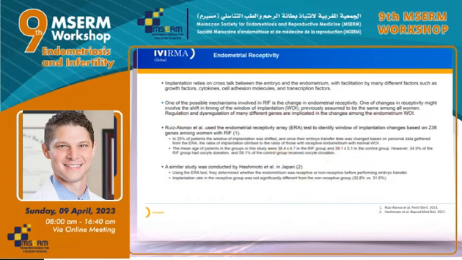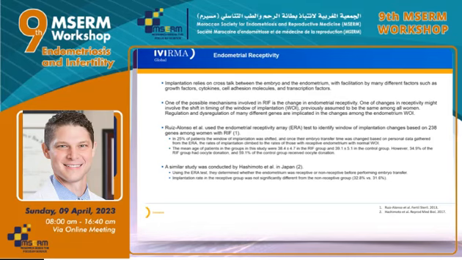I'll close here with a discussion of endometrial receptivity. Implantation relies, of course, on the crosstalk between the embryo and the endometrium. The possible mechanism for recurrent implantation failure is a change in this window of implantation.